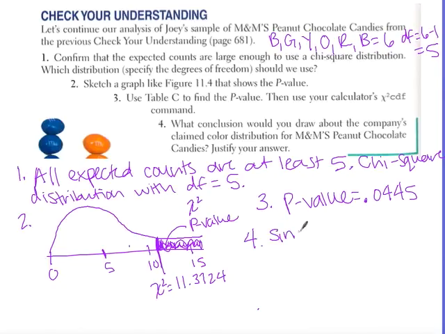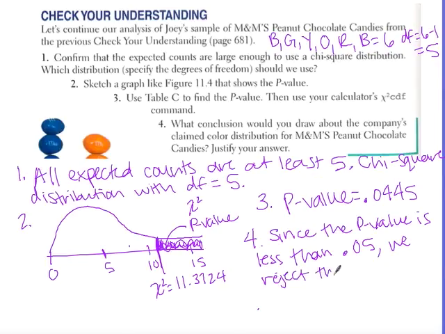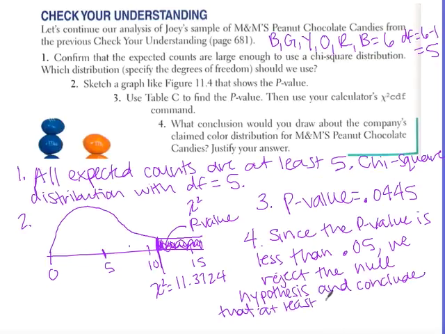So we would say, since the p-value is less than 0.05, we reject the null hypothesis and conclude that at least one of the proportions of a particular color is different.